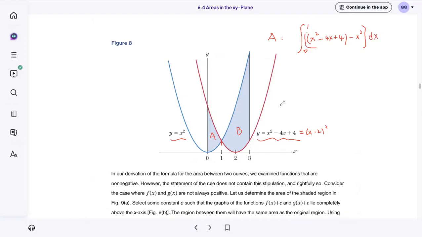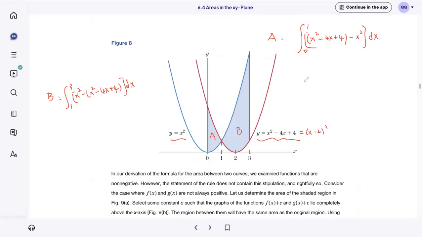Then let's set up for B also, going from 1 to 3. But for B, you see the blue one on top, the red one on the bottom. So x squared on top, x squared minus 4x plus 4 on the bottom.